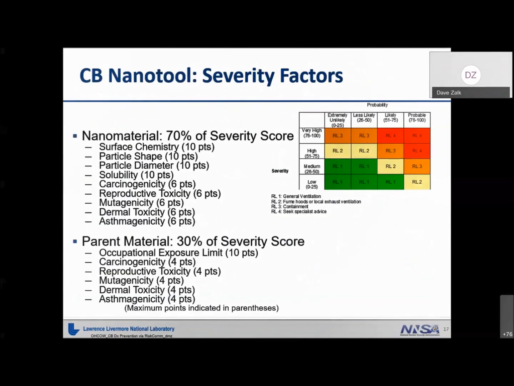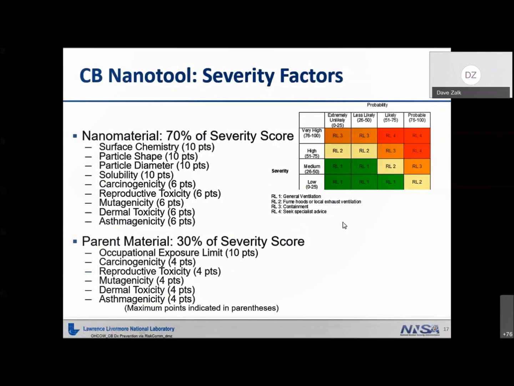So myself and some colleagues over at Lawrence Livermore decided to take on this challenge, and we developed the control banding nanotool. We have the same risk level matrix. We have the same controls. Now the question is, how do we score severity? How do we score probability to be able to get this information and put that all out there for people to use?